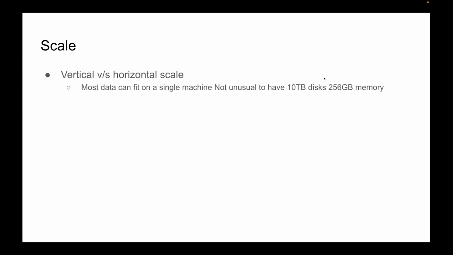From the data that we have, except for a very small number of use cases that require petabytes of data, most of the data fits within a few terabytes or a few hundred gigabytes. So for most use cases, your data will fit on one machine. It is perfectly viable to say that my database is just one machine.